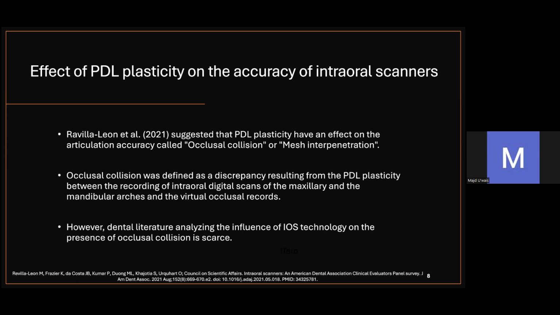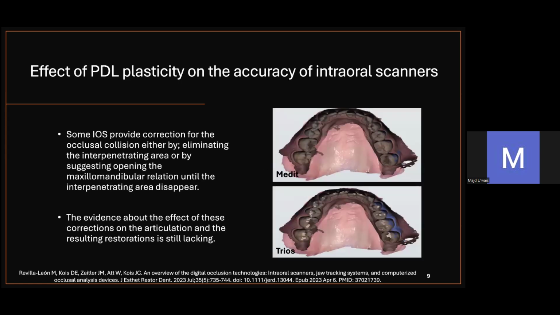Effects of PDL plasticity on the accuracy of intraoral scanners. Revilla-León and colleagues in 2021 suggested that PDL plasticity has an effect on the articulation accuracy called occlusal collision or mesh interpenetration. First, let me show you a picture of the occlusal collision before I read the definition.